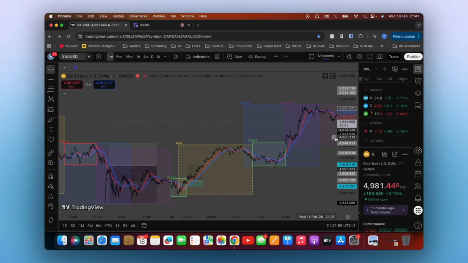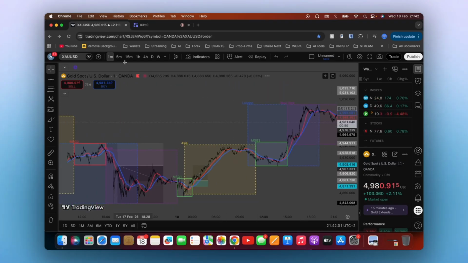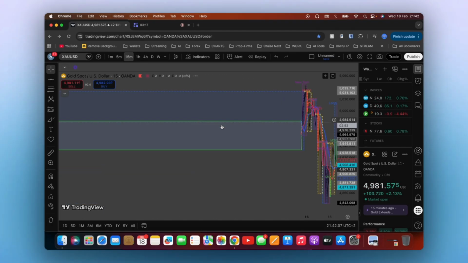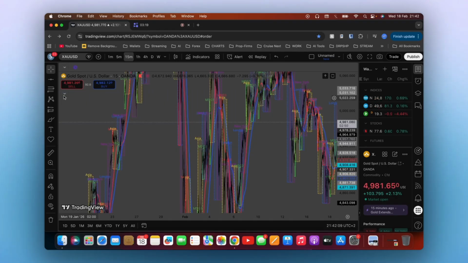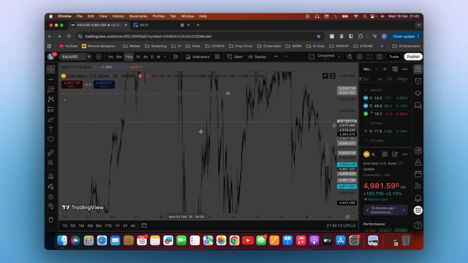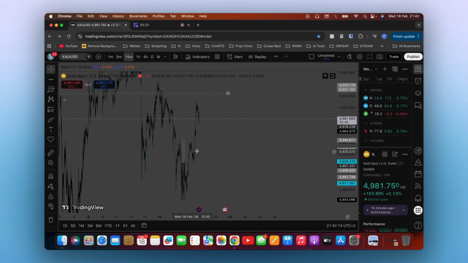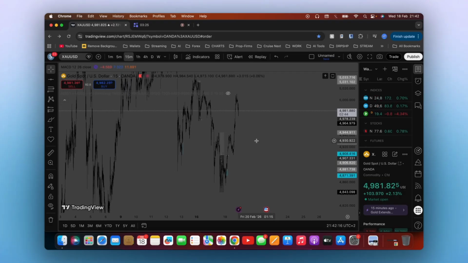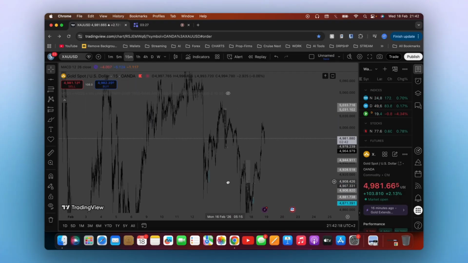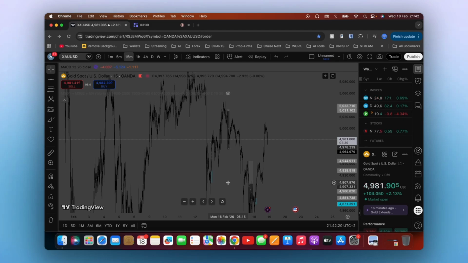What I'll first do when I get on the charts for this MSG method is go to a higher time frame, maybe the 15. It looks a bit noisy here with the indicator, so let's just hide it for a second. Okay, that looks a lot better. We need to look for points where price will react off.